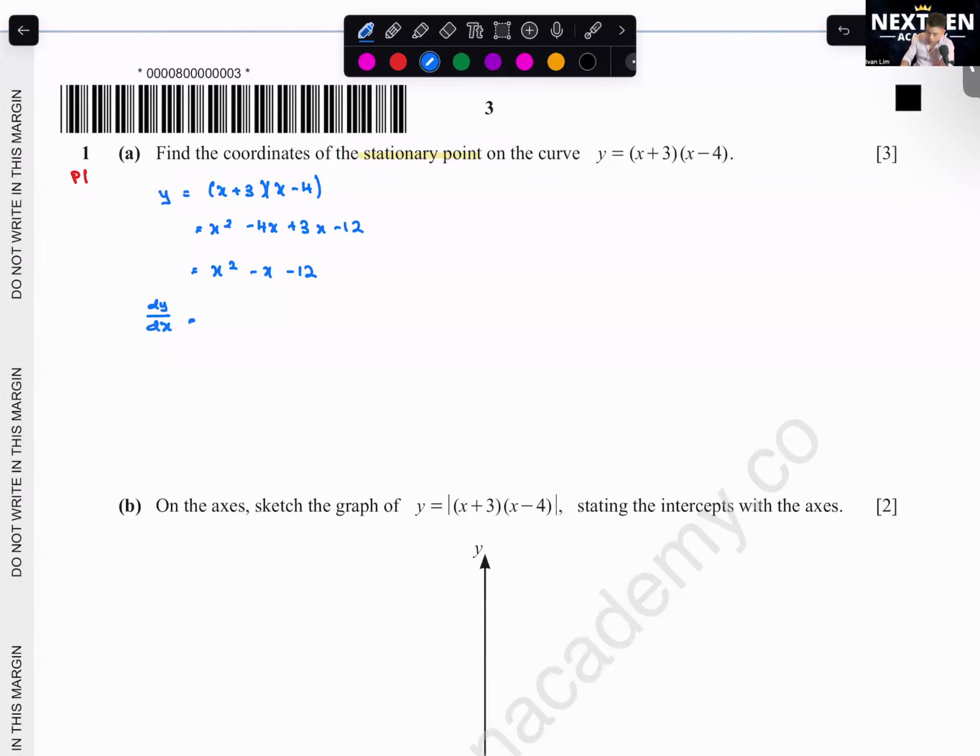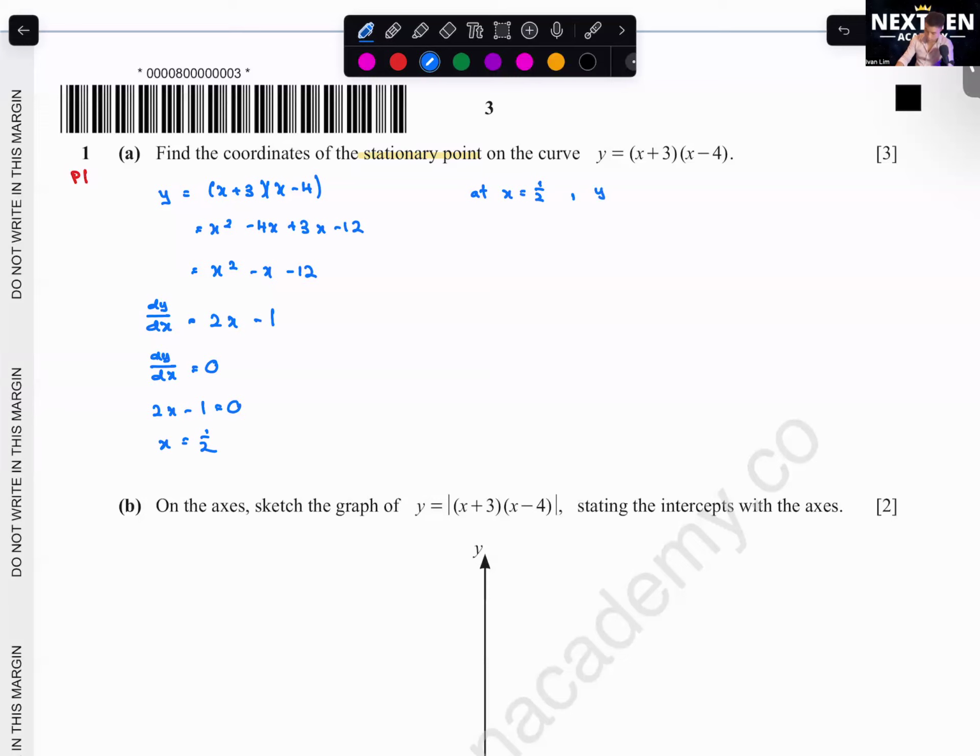We use the power law: 2x minus 1. dy/dx equals 0, therefore 2x minus 1 equals 0, x equals 1 over 2. Easy.